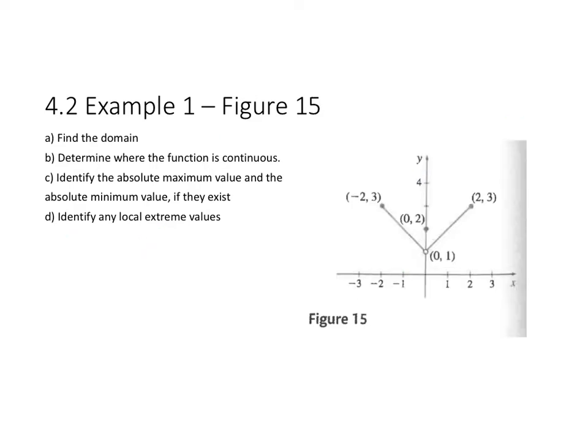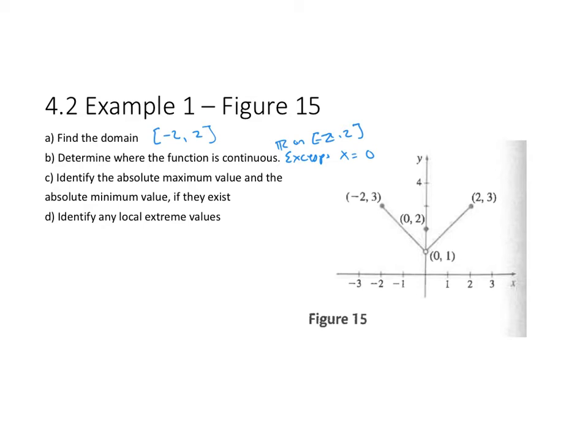All right, for example 15, we have our closed interval of negative 2 to positive 2, and we're continuous everywhere, so all real numbers except x equals 0. All right, let's find our absolute max.